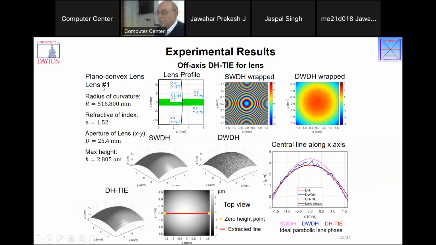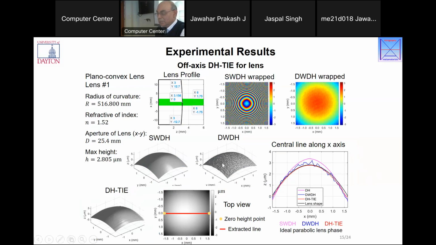So there are different lenses with different radii of curvature. This particular one had a radius of curvature of about 500 millimeters. And we knew the refractive index of the material, so we exactly know what the phase object is. Then we did the reconstruction using single wavelength, reconstruction using double wavelength, and then reconstruction using one wavelength along with TIE.